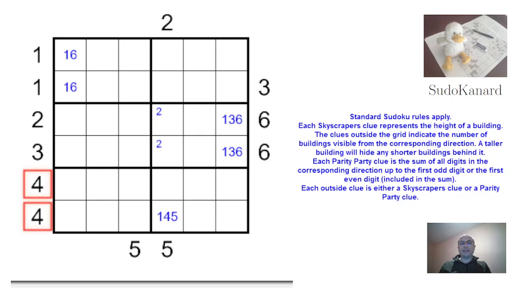We know that those clues can't both be skyscraper clues, because they would both put a 6 in this region. So one of them at least has to be a parity party clue, but parity party clue would be a 4 anyway. So one of them is really a skyscraper's clue. And how do we decide? Let's pencil mark, well, that's some silly pencil marking.